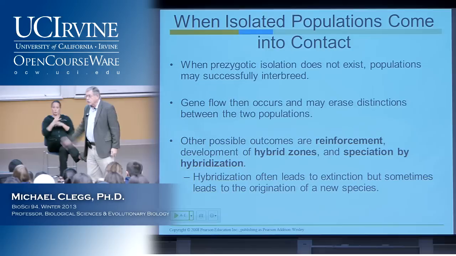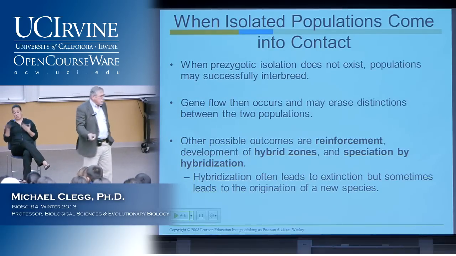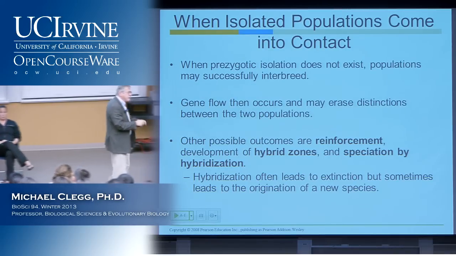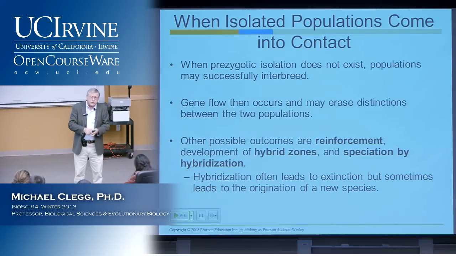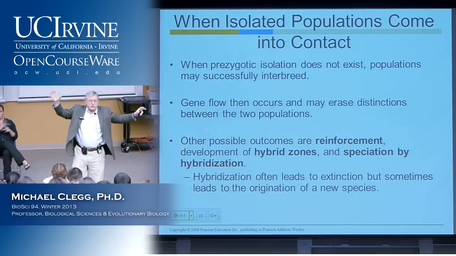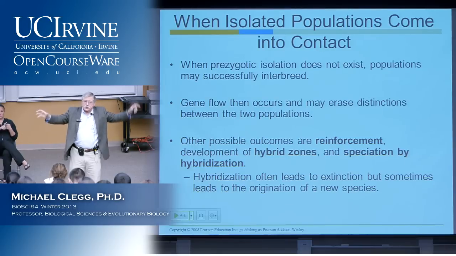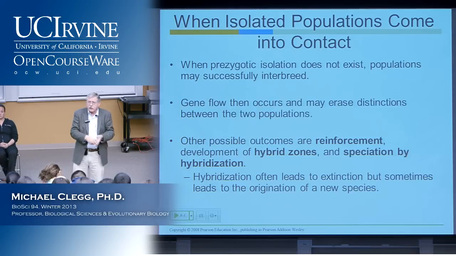What might happen then? Well, there are a series of different things that can happen. Most likely, if they've been separated for a long enough time, in most cases the hybrids are going to be less adapted than either of the two parental types. That's because the parental types are adapted to environments which differ in different specific ways, and the hybrid is not going to be adapted to either of those environments.